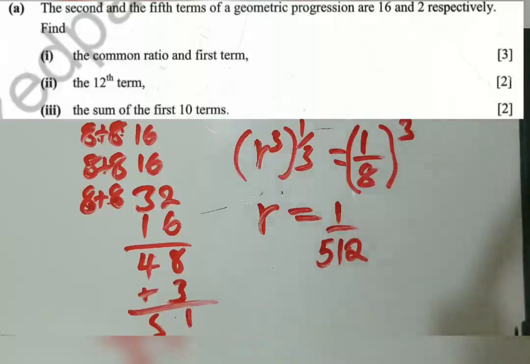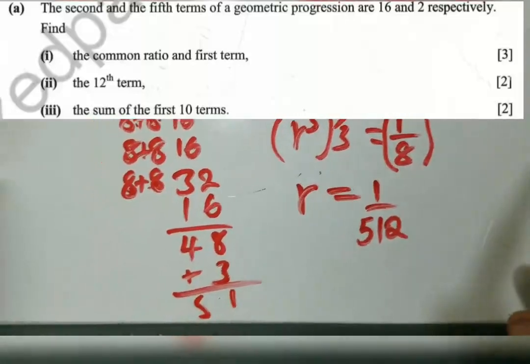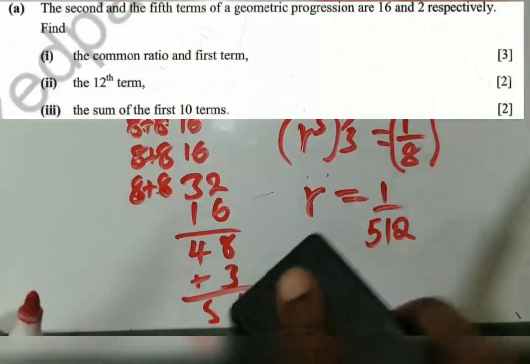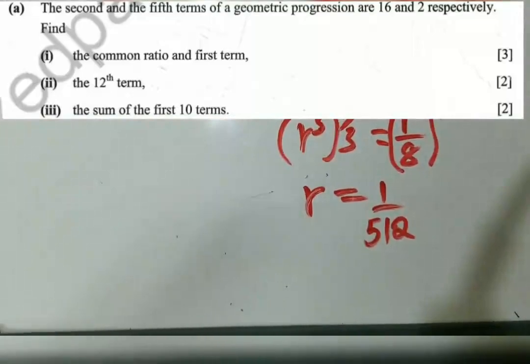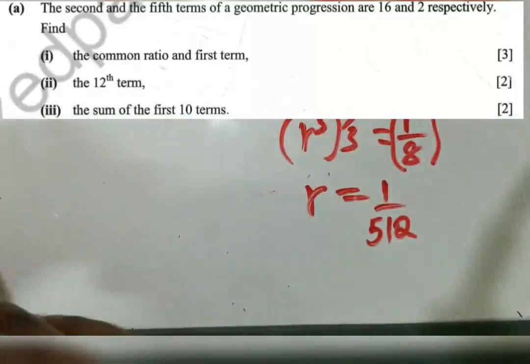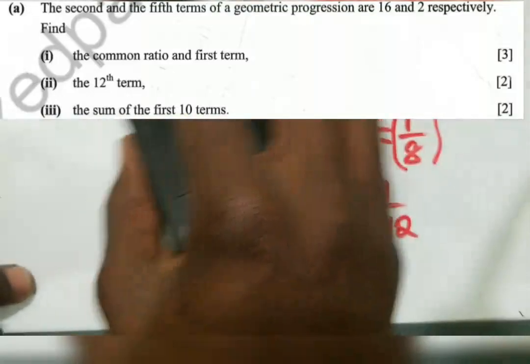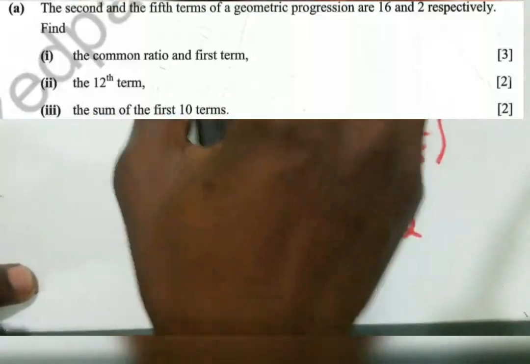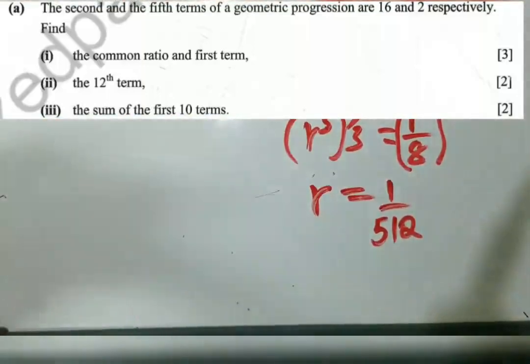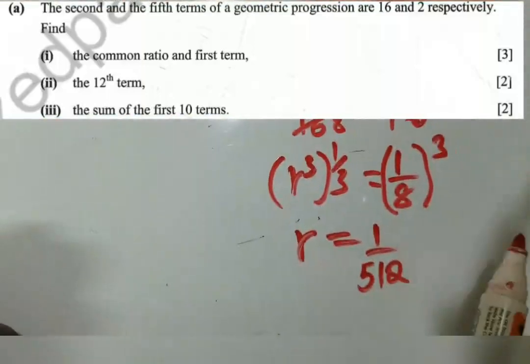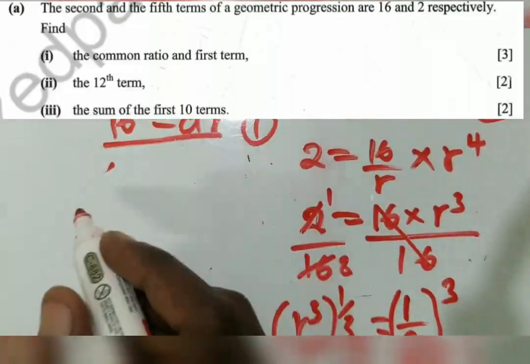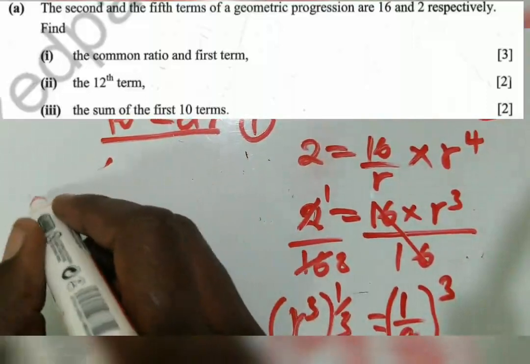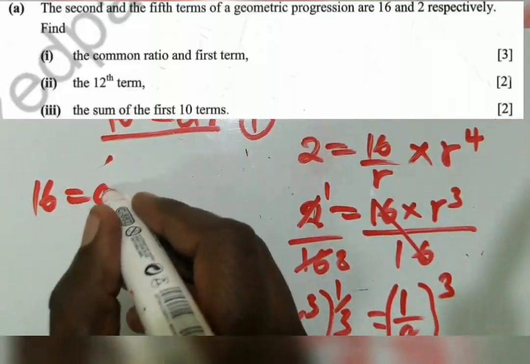What about A as the first term? Okay, A as the first term, we can find it using the equation that we have here. If you remember very well, we had found this equation here, 16 equal to AR.